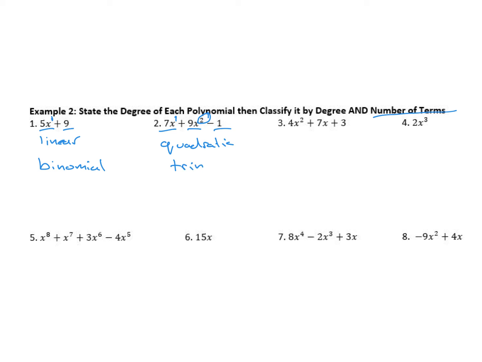Well, 3 is trinomial. Okay, kind of keep working through. Where is our biggest degree? Degree of 2 is going to be what we call a quadratic. And again, it looks like we have 1, 2, 3 terms as trinomial.